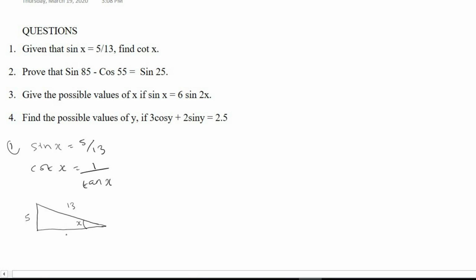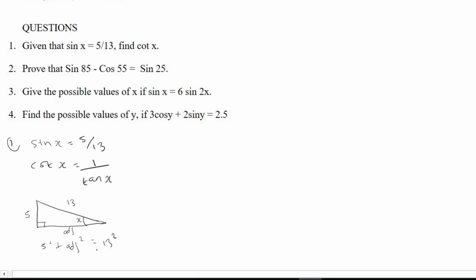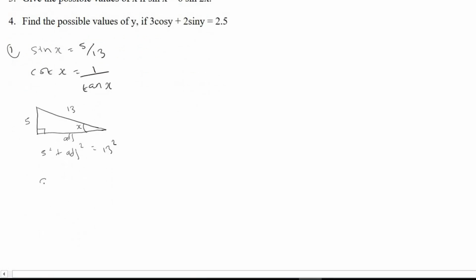So to get your adjacent, since this is a right angled triangle, 5 squared plus adjacent squared equal to 13 squared. So to find your adjacent, you just have to say adjacent squared is equal to 13 squared minus 5 squared, which is 169 minus 25.